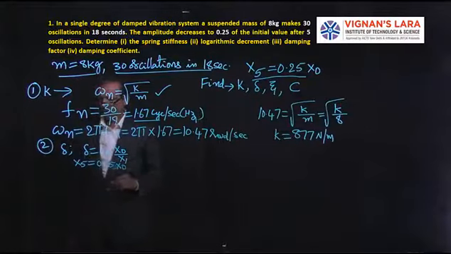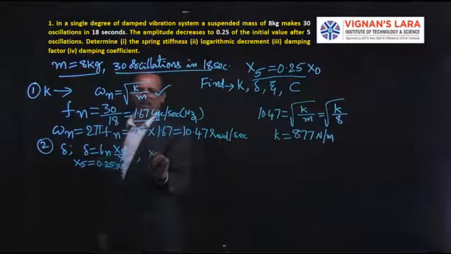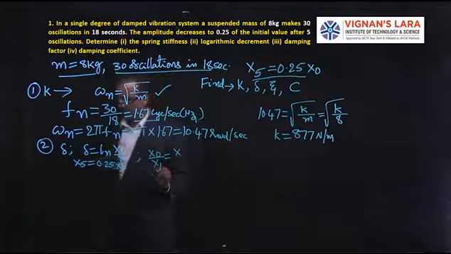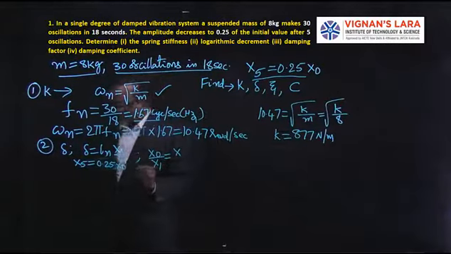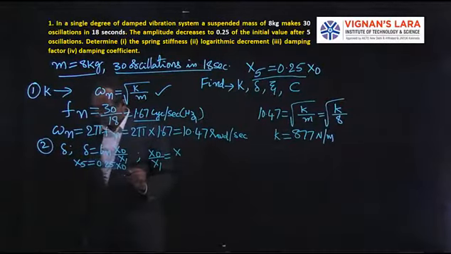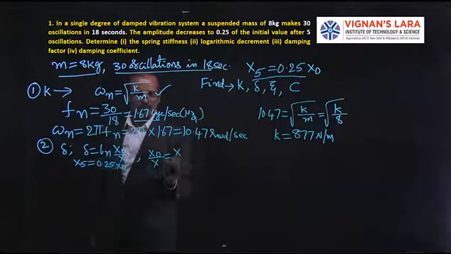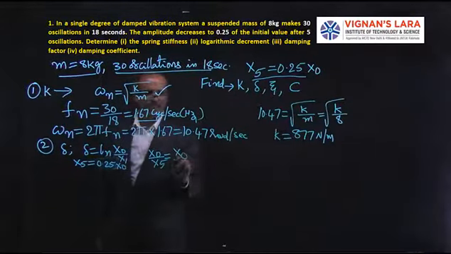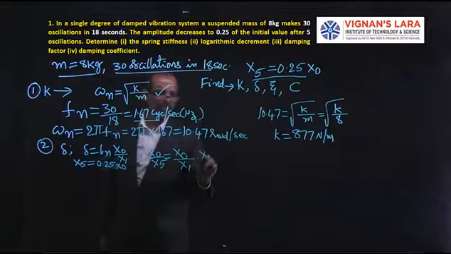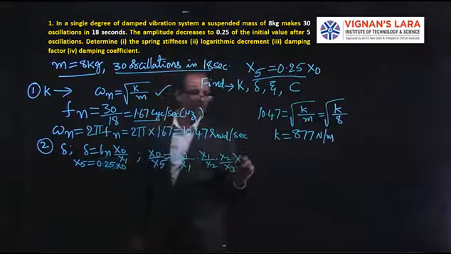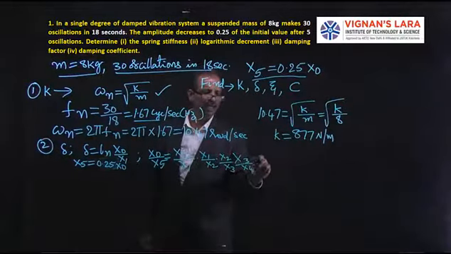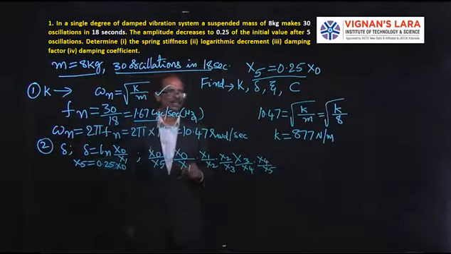So we can write x naught by x5 as x naught by x1, times x1 by x2, times x2 by x3, times x3 by x4, times x4 by x5, isn't it?